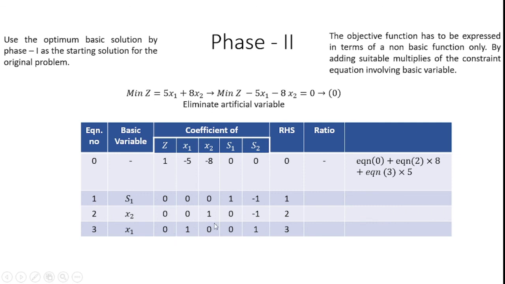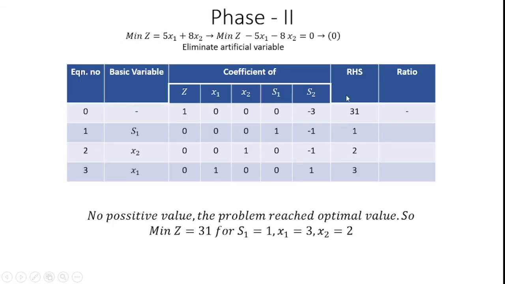Here equation 2 I multiplied with 8 as 8 into 2 is 16, and 5 into 3 is 15. What happens? 15 plus 16 is equal to 31. Here you see the right hand side 31, how it turns.